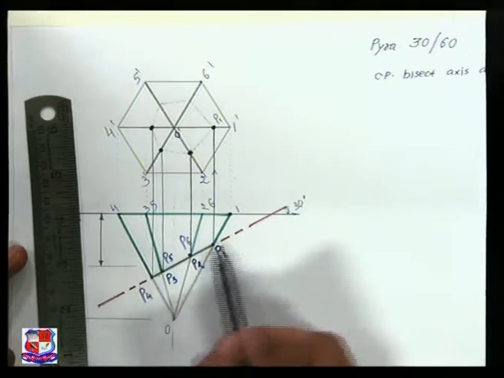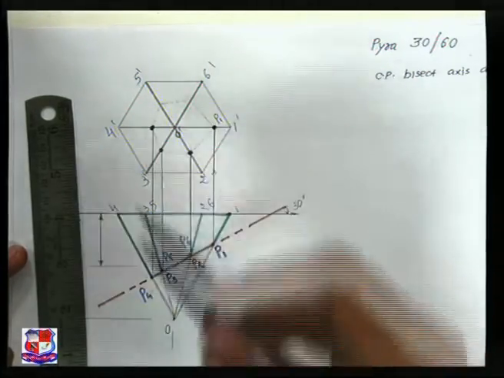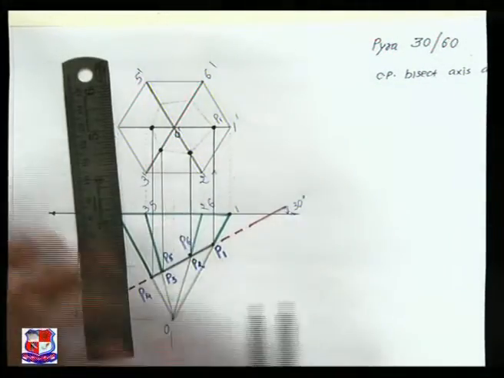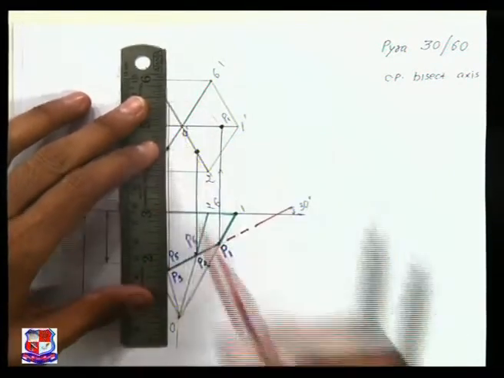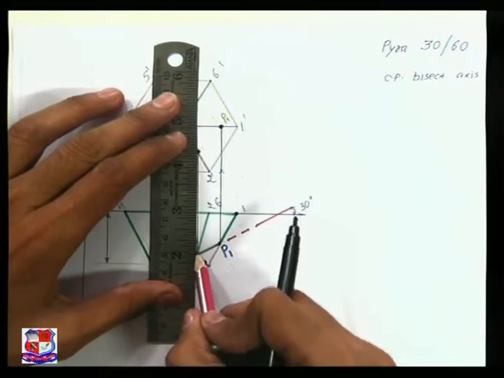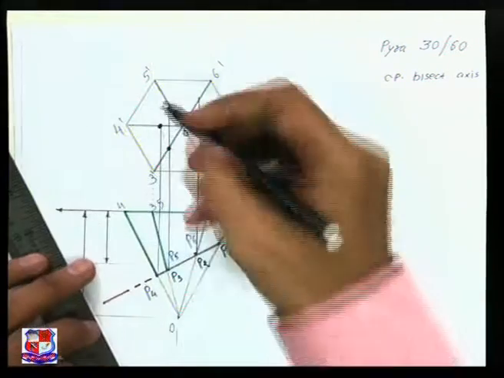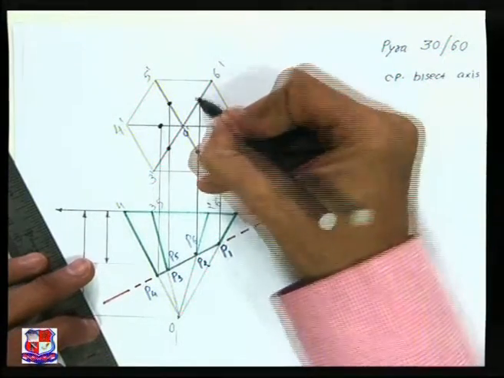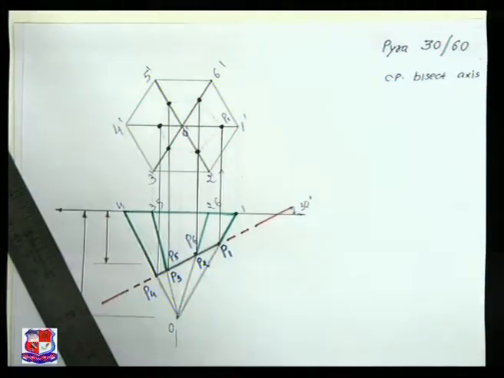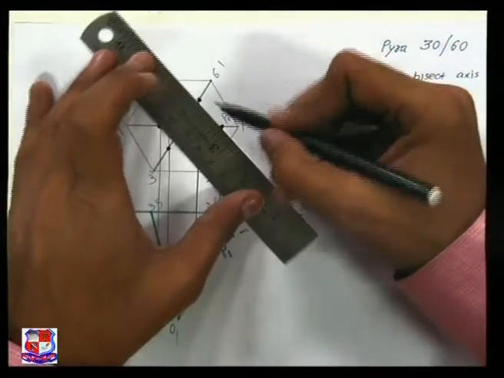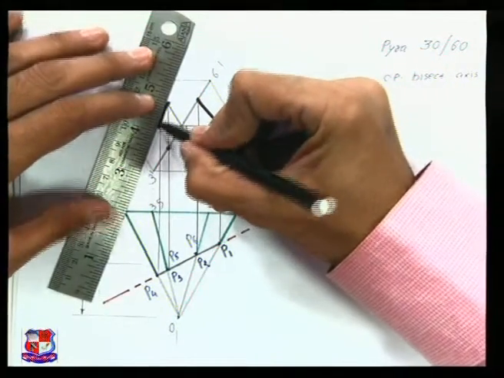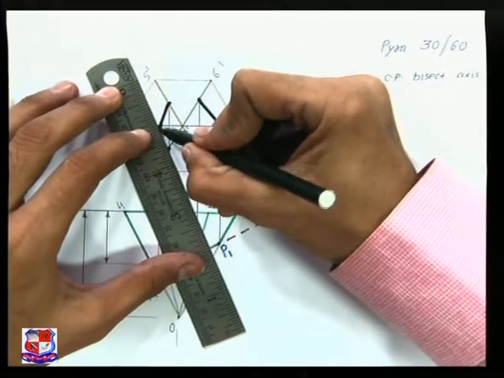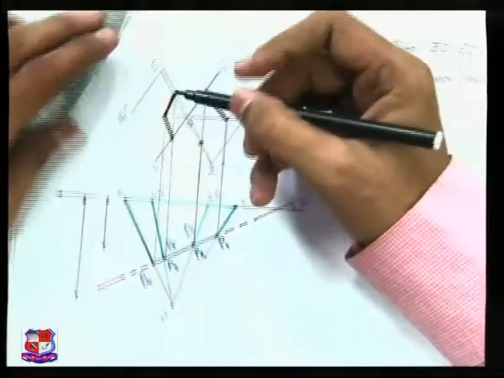Similarly for all 5 points, vertical lines will cut the respective slant edges, and likewise for P5 and P6. So here is point number P5, here is point number P6. Then join P1 to P6, all the points, with straight lines, as it's a pyramid, no curvature would be there.